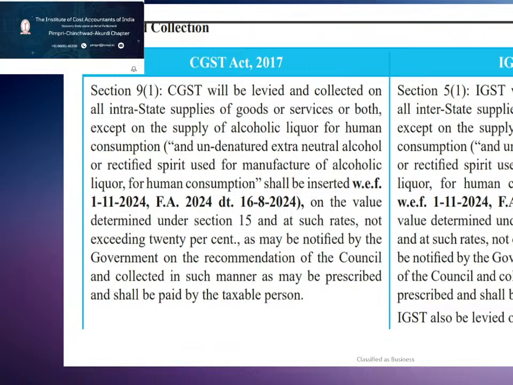So the next service is services provided by an individual advocate, including senior advocate or firm of advocates by way of legal services. So this is related to legal services. You can remember in this way: the first one is related to GTA, the second one is related to advocate.